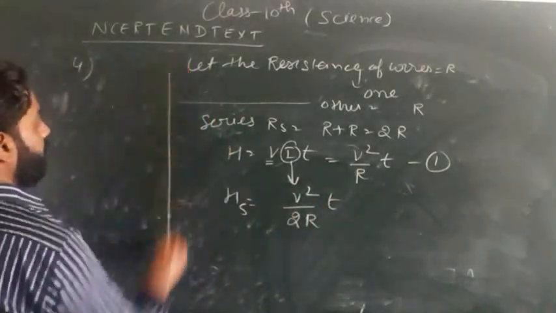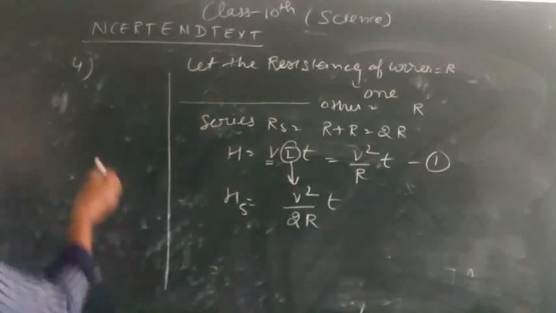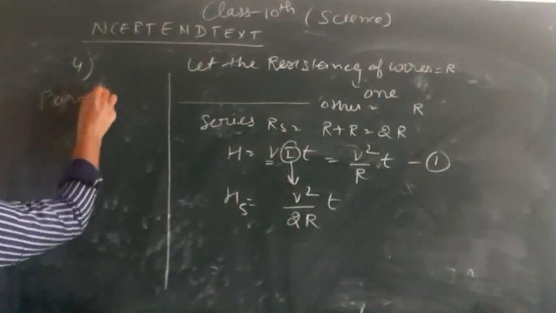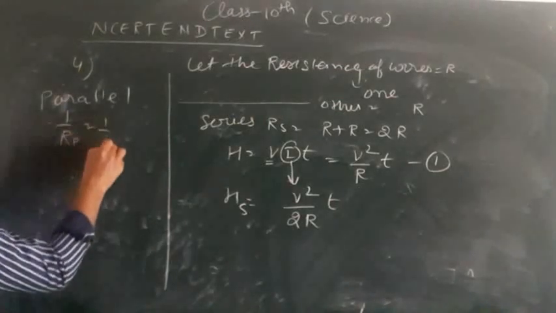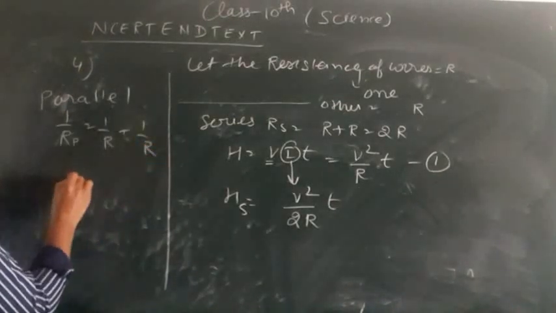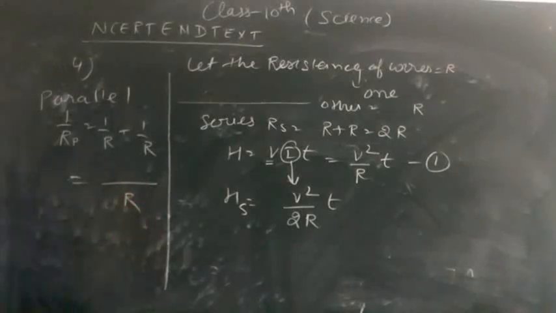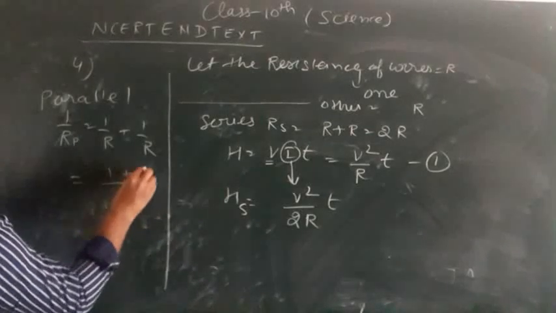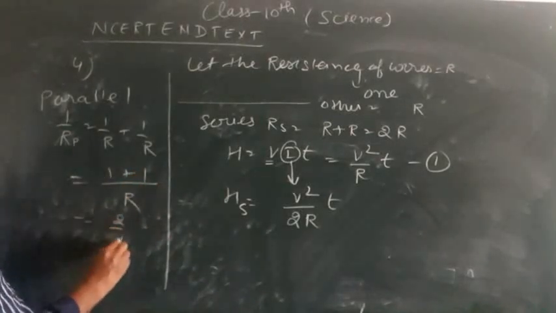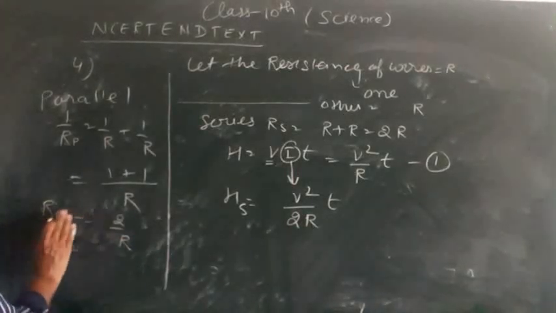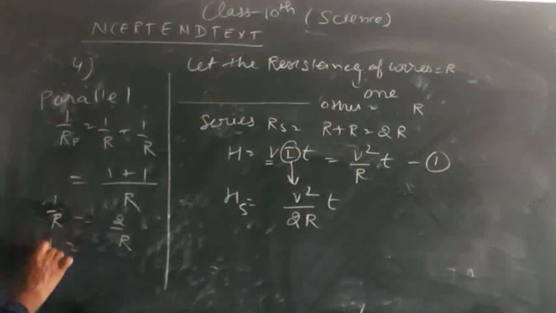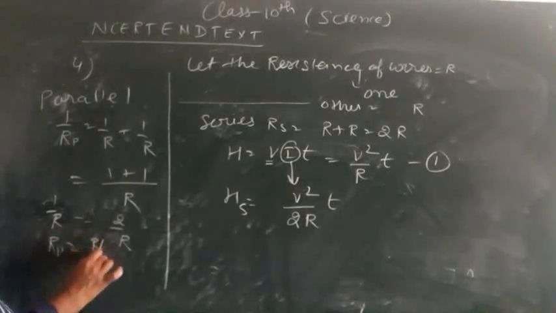Now, first we connected them in series, next they are connected in parallel. For parallel, 1 upon RP is equal to 1 upon R plus 1 upon R. Taking the LCM, 1 plus 1 comes out to be 2 by R. Then RP comes out to be R upon 2.